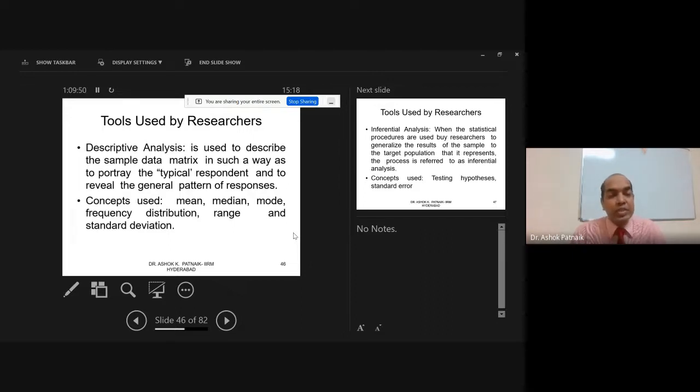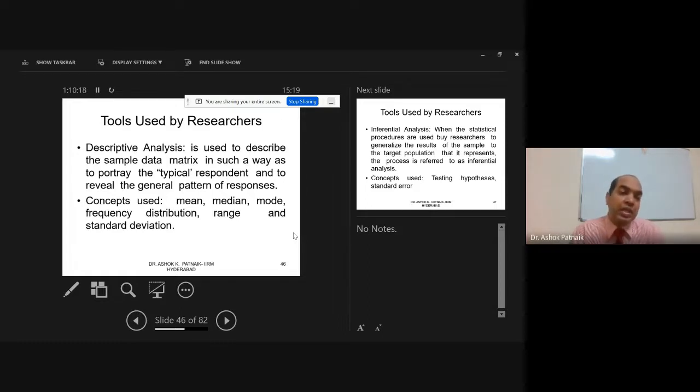When we talk about statistical analysis, one is descriptive analysis. It is used to describe the sample data in such a way as to portray the typical respondents and to reveal the general pattern of response. So what are the respondents saying? You just want to reveal the general pattern. Some earlier data or information is there, and you just want to describe it.